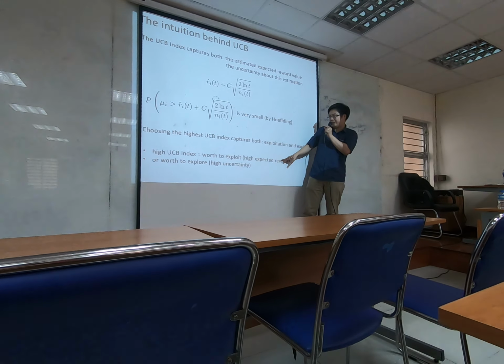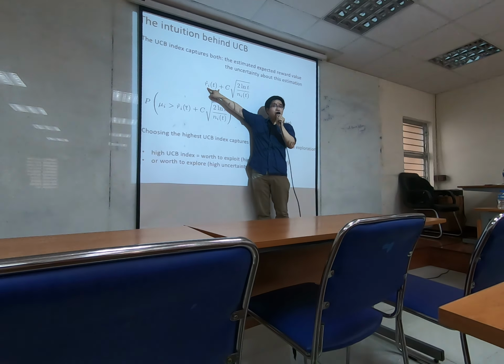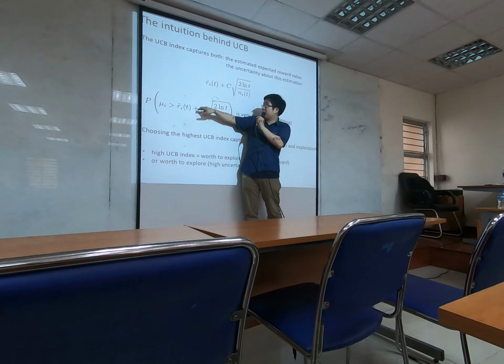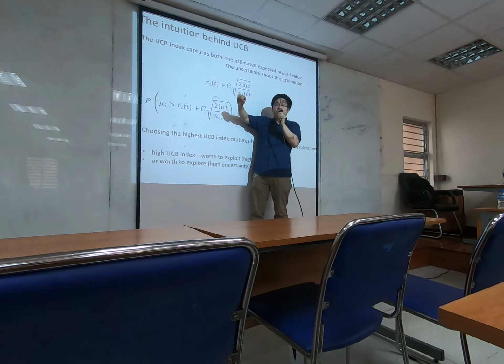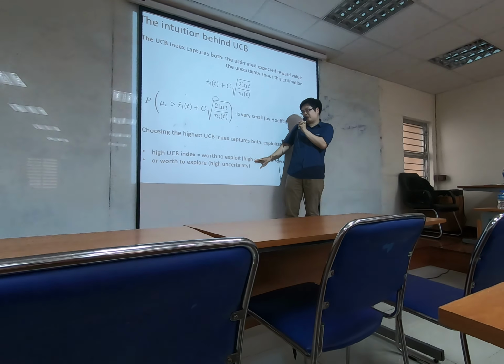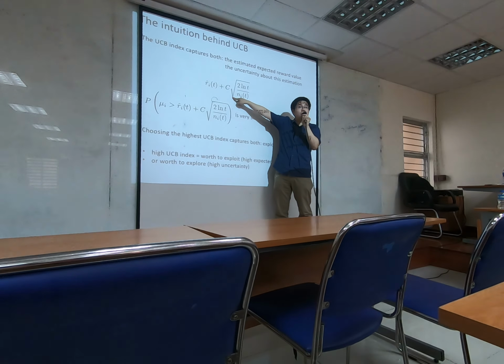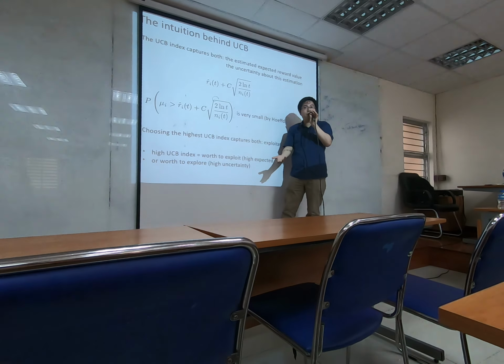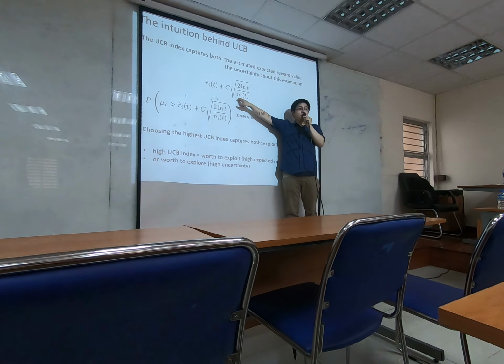Either this value is already high, which means it is already a very good estimate of our arm, so it's likely to be a good, optimal arm. Or it is high because this bonus term is very high, which means there is a lot of uncertainty there. We don't know anything, so we want to explore more. So it's a very nice combination of exploration and exploitation within one single step.